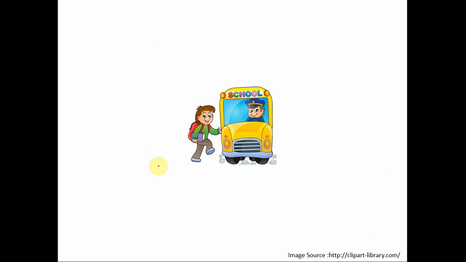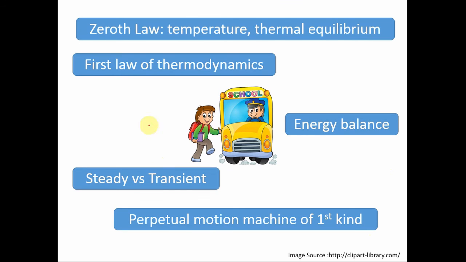With that question, we are about to conclude this lesson. In this lesson, we talked about the zeroth law of thermodynamics as well as the first law of thermodynamics. From the zeroth law, we talked about temperature and thermal equilibrium. And also we learnt about corollaries of the first law.